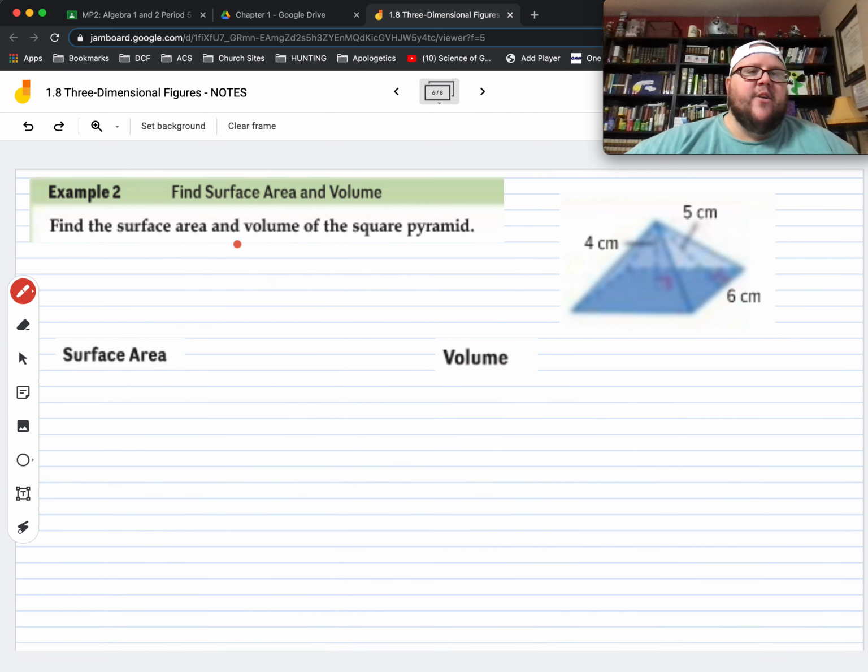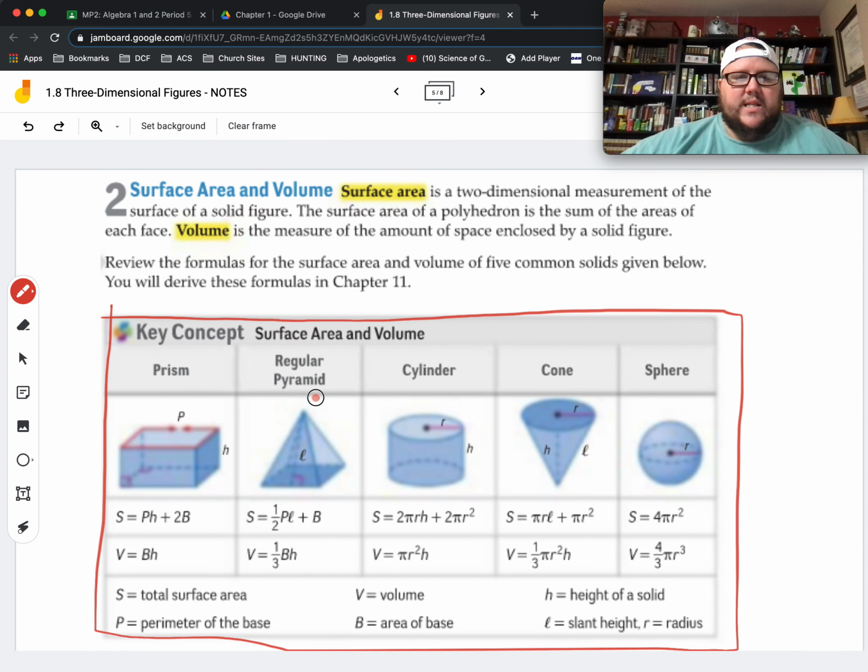Find the surface area and the volume of the square pyramid. So the first thing I need to do is determine that this is a pyramid. Sorry, a lot of rain. So I'm going to go back to my page over here and look at pyramid.